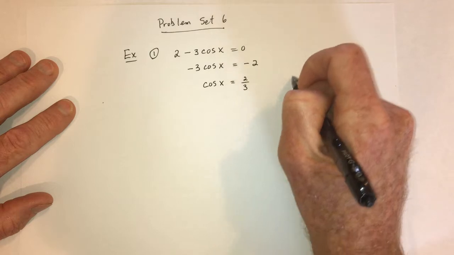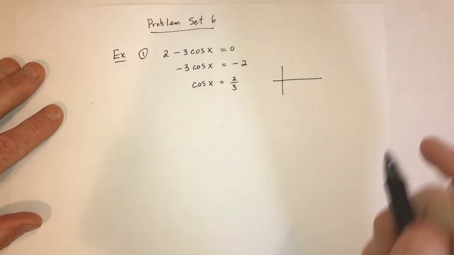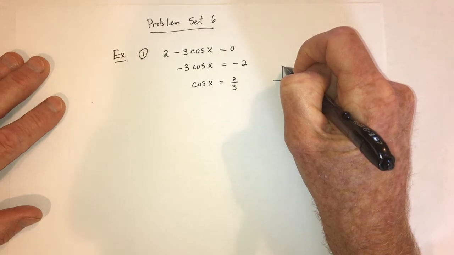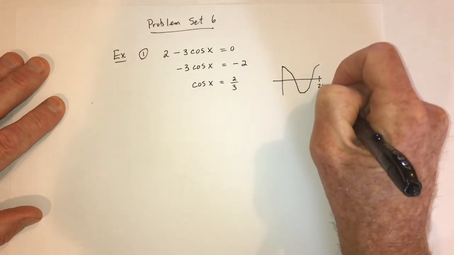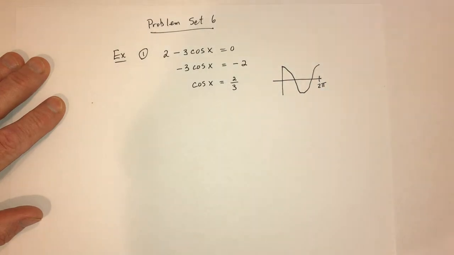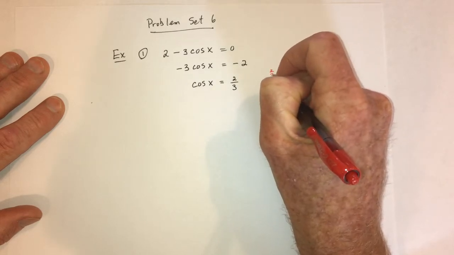Now what I like to do is use the graph. So here's the graph of cosine. And then when is it equal to 2/3? So on the y-axis, 2/3 is approximately right here.